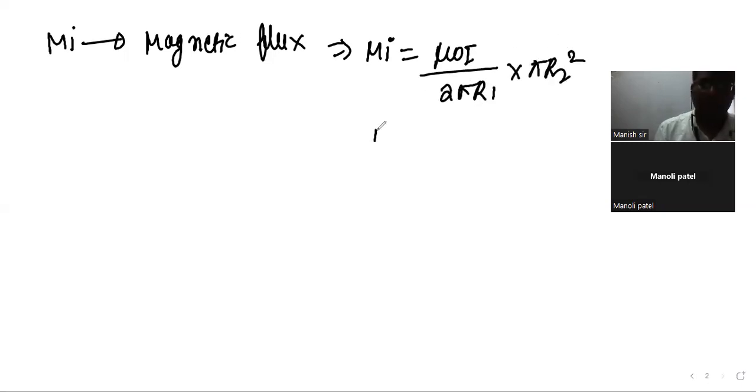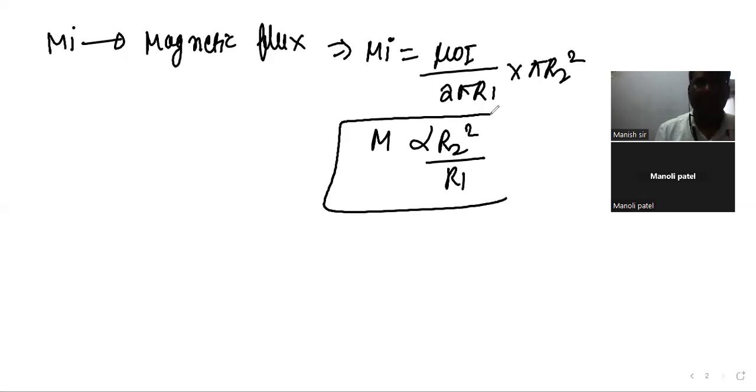So M is directly proportional to R2 square and inversely proportional to R1. This is the relation between R2 and R1. So please write it down. Then see the next sum.